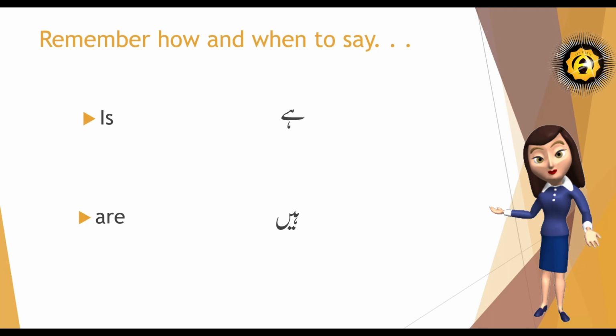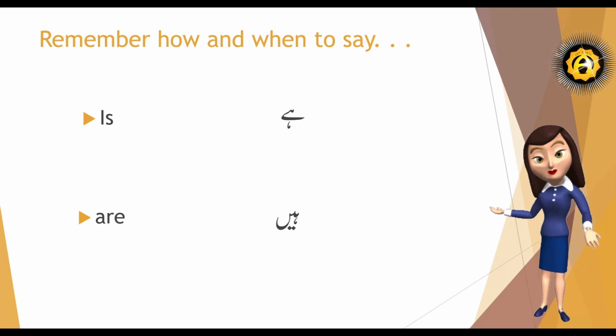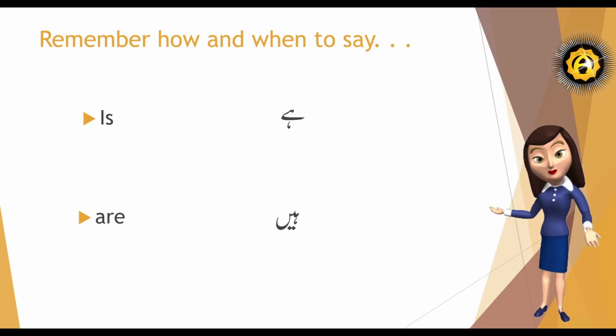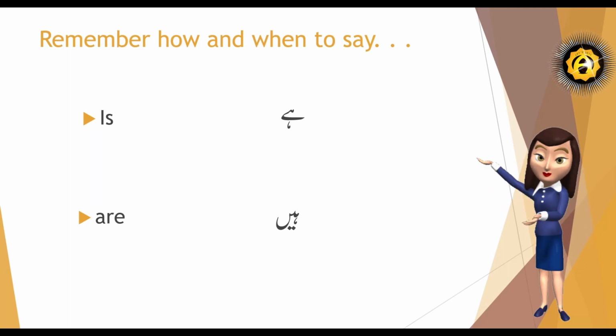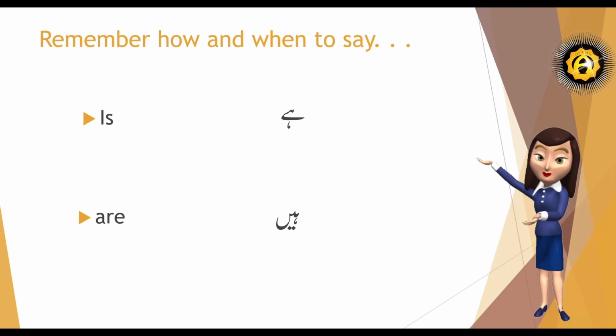And we use are for more than one things or people, and we use hain for more than one things or people as well in Urdu. So is in Urdu hai and are in Urdu hain. And also I hope that you remember that we use hain as for respect and for elders as well.